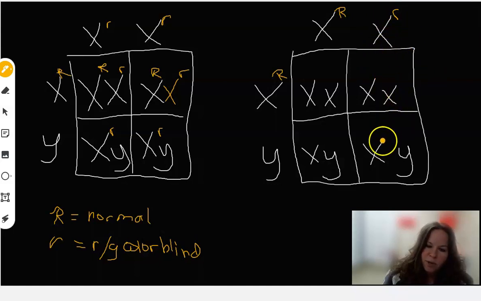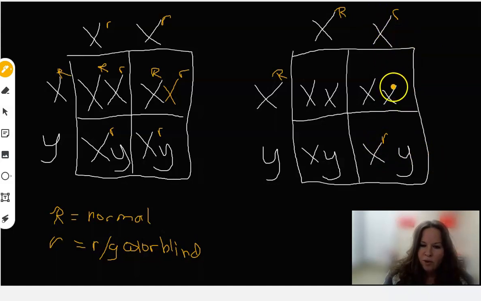All right, so we can bring that down here. So this is kind of cool to see that anything on the X chromosome for a male, he gets that from his mom. So if she's got a defective gene, in this case this is a defective gene where you're unable to make the proteins to see red and green, you get that from your mother.